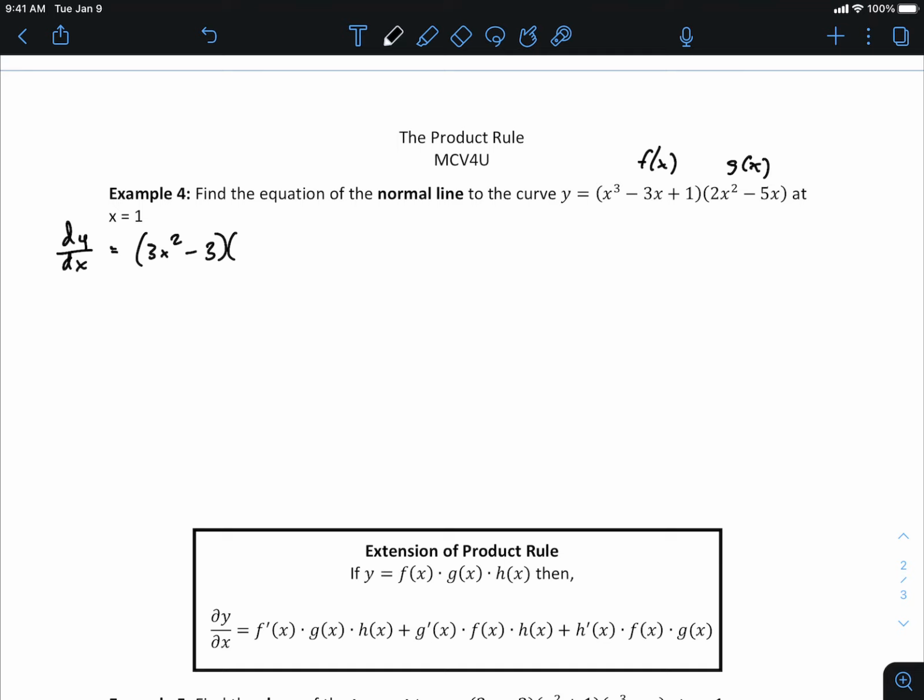Multiply that against the original g of x function, 2x squared minus 5x. And then add the original f of x function, x cubed minus 3x plus 1, multiply that against the derivative of g of x, 4x minus 5. Okay, do the expansion work.